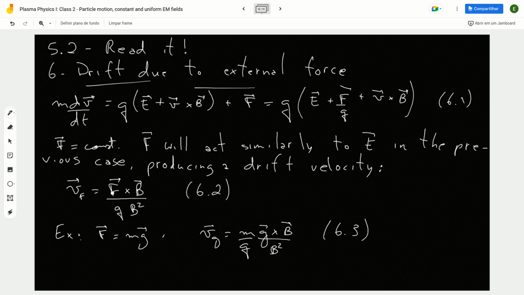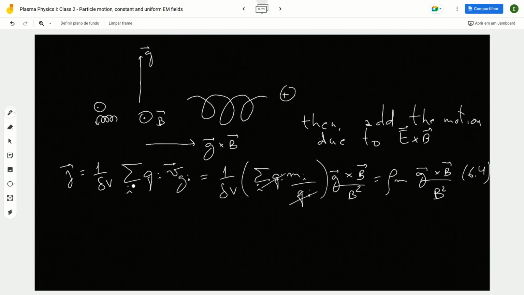This is actually Vf equals F perp over QB. From equation 6.2, note that the modulus of Vf is equal to F perp over QB.